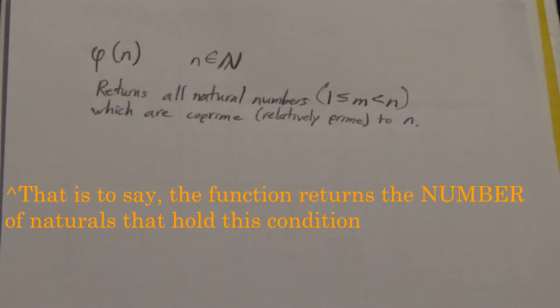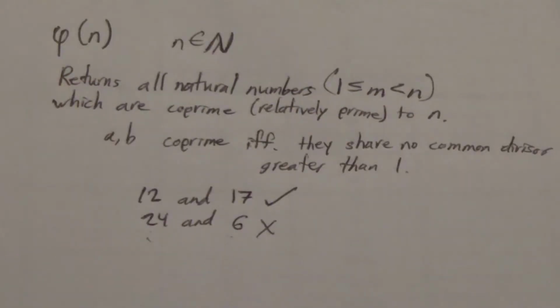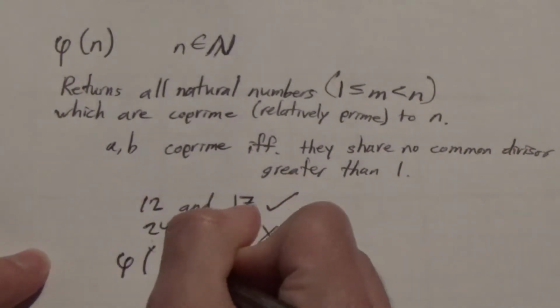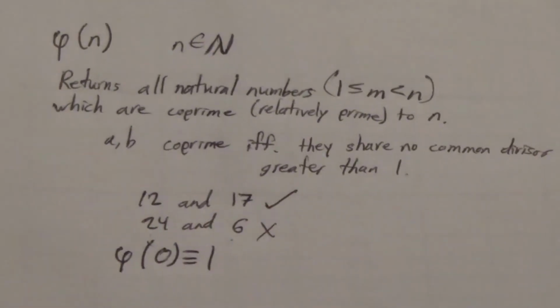Much of this information, by the way, comes from Wolfram MathWorld, a very good source, which I recommend you use. This is called Euler's totient function. It's very important. The totient function at 0 is defined to be 1, by definition.